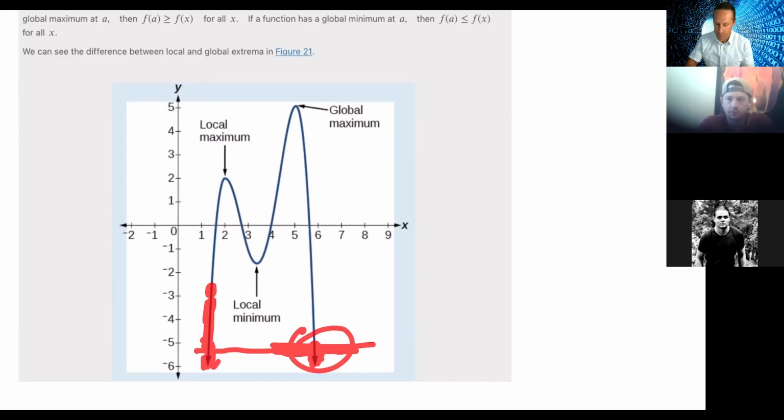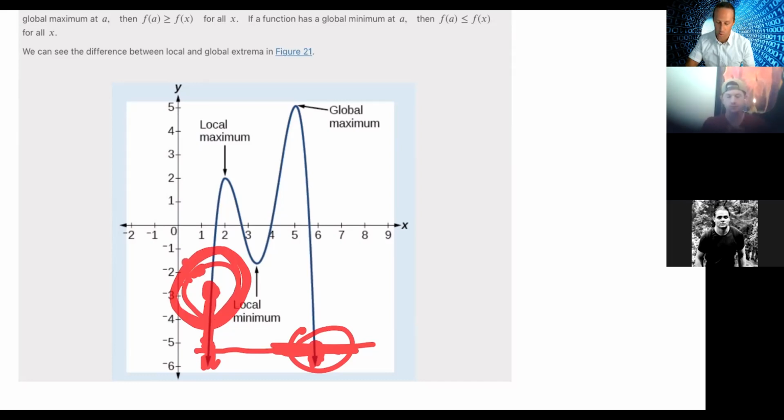Okay, and if I cut it off here and there, is this a local min? You remember us talking about that a couple weeks back? Would this be a local minimum if it was an endpoint there? No, because it's an endpoint.